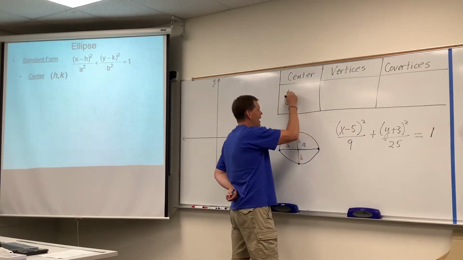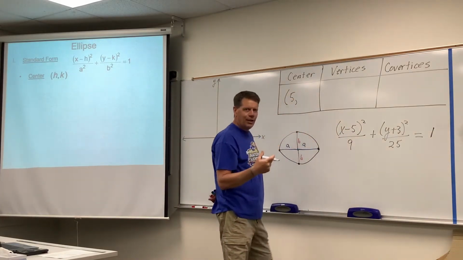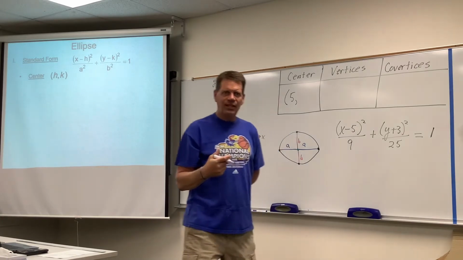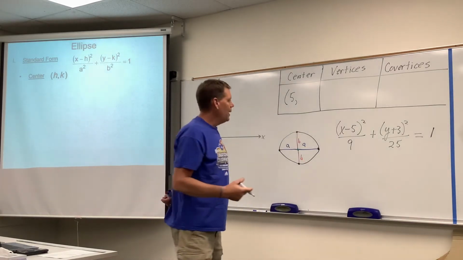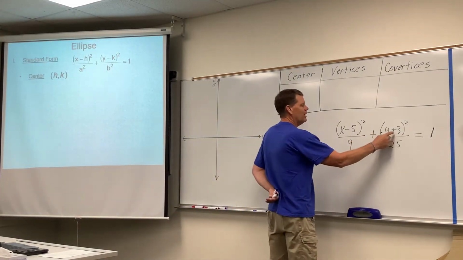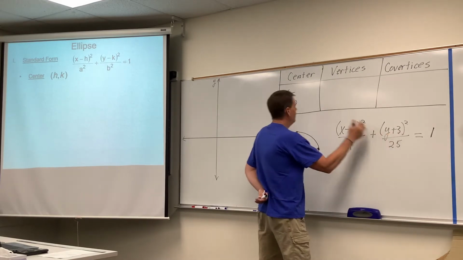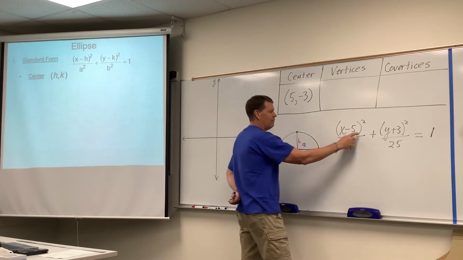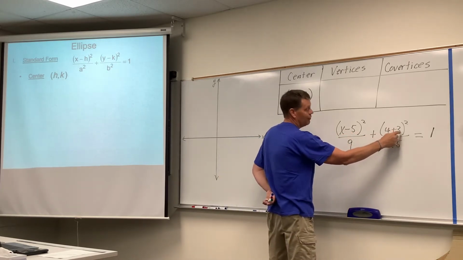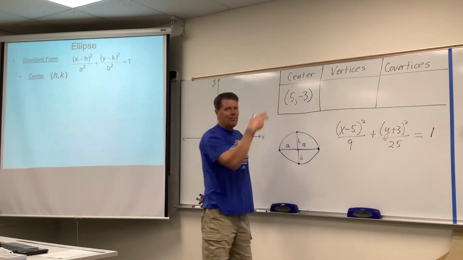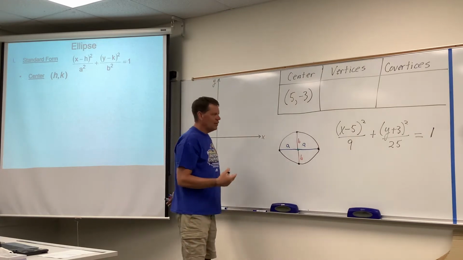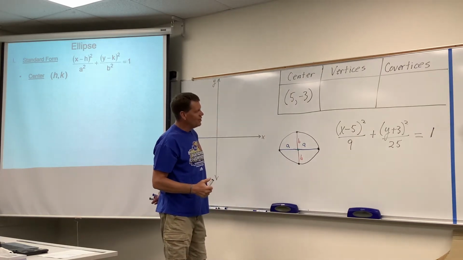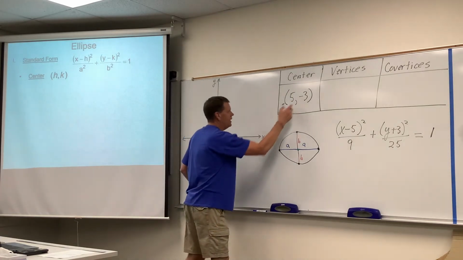And you would say 5. This is just like the identification of a center on a circle. And then what would y have to be for that to equal 0? That would have to be negative 3. So again, this is x minus 5, this is y minus negative 3. That's the same identification as it was on a circle. So the center of this ellipse would be the ordered pair 5, negative 3.